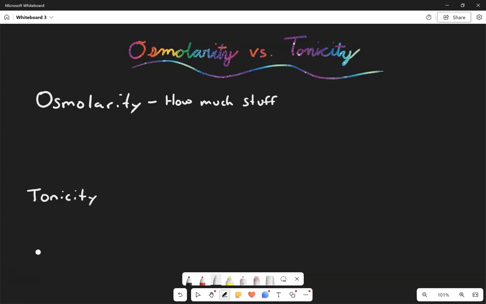Okay? And when we look at this, there can be three different options, right? We can have a hypoosmotic solution, which is less stuff.